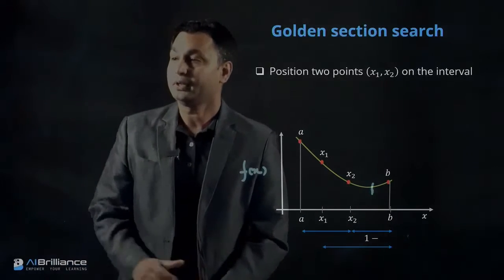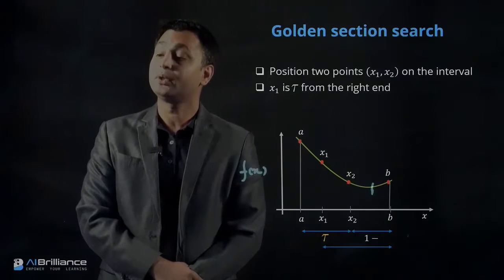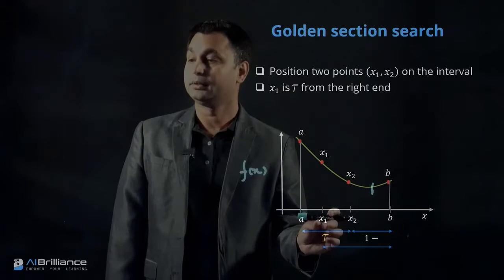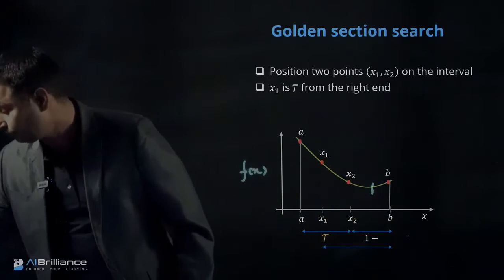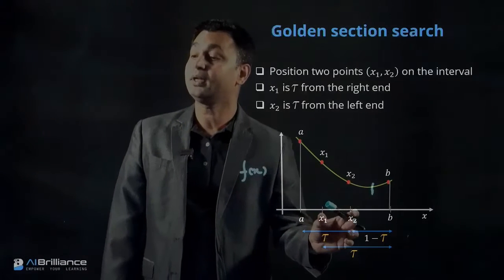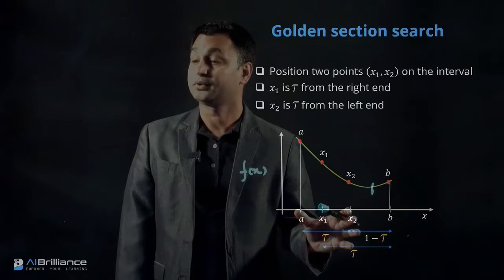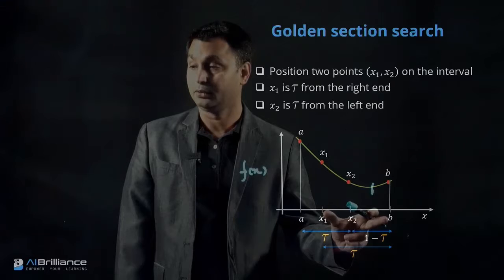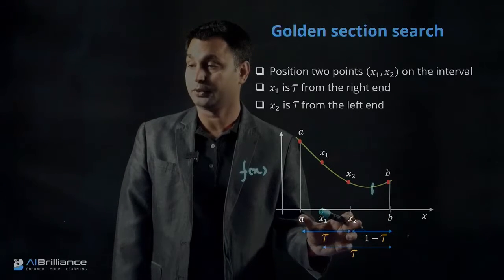Again, we position two points within the interval. x1 is located at a tau ratio from the right end b, and similarly x2 is located at a tau distance from the lower bound a.